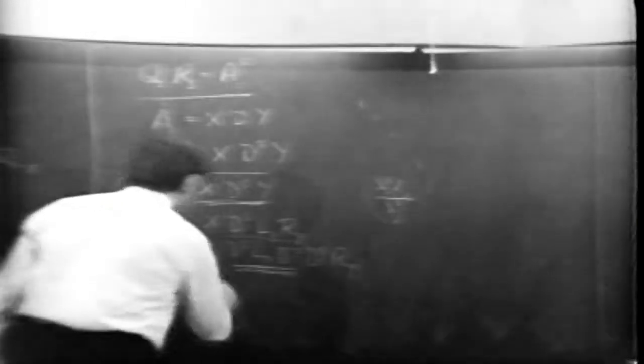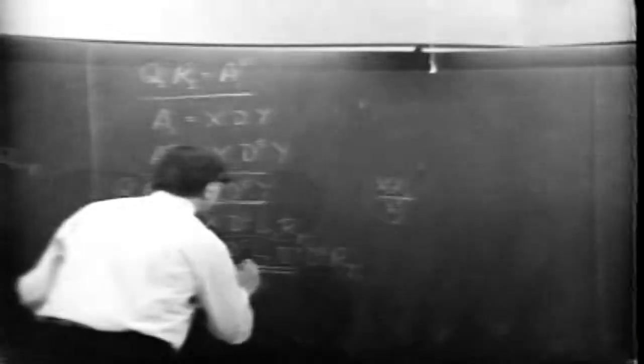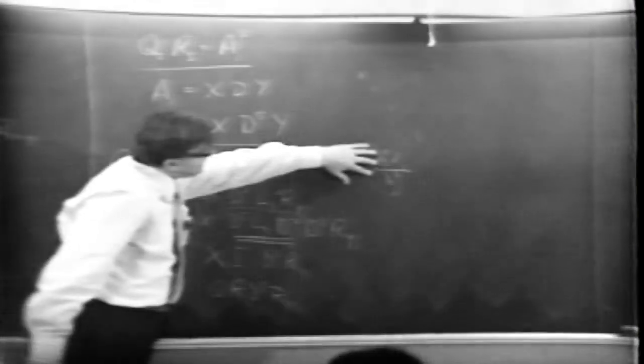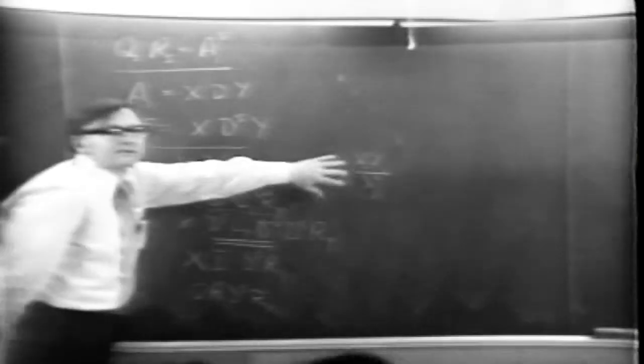And so what you get here is X times a matrix which, not to go into too much detail, is in fact tending to I. And this is D^s R_Y. And so if now you do the QR factorization of X, you get ultimately Q R D^s R_Y. I'm just fudging over the limiting process a little bit, but I think it's fairly easy to see how it will go.